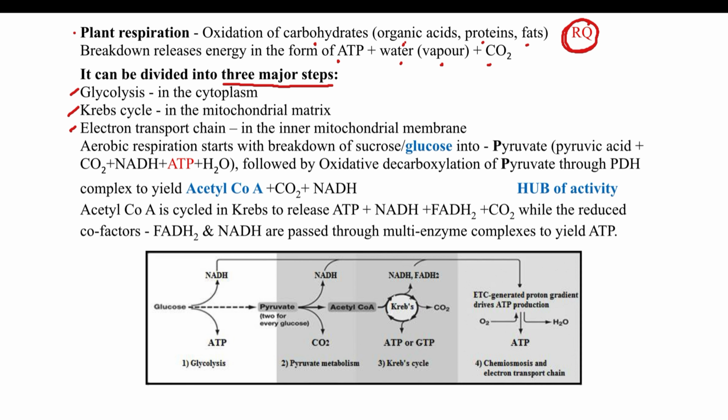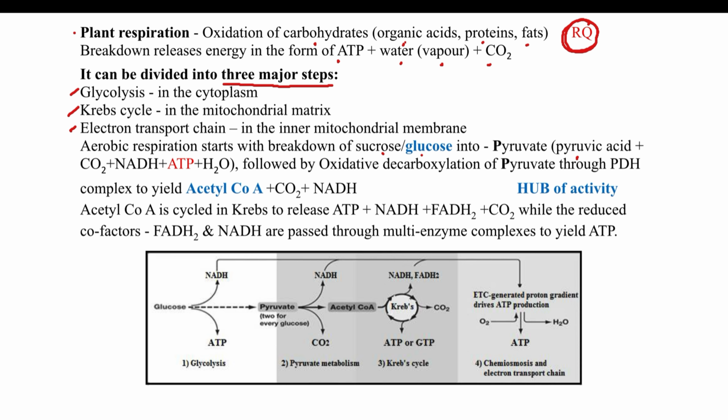Aerobic respiration, therefore, starts generally with sucrose or glucose. We would be talking more about glucose because finally sucrose is also burnt as a hexose sugar. It leads to the formation of pyruvic acid, a 3-carbon compound.